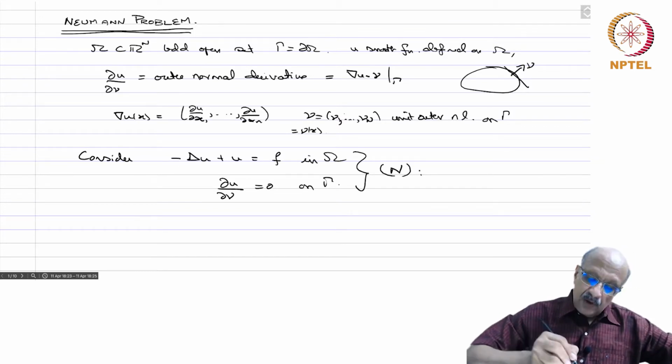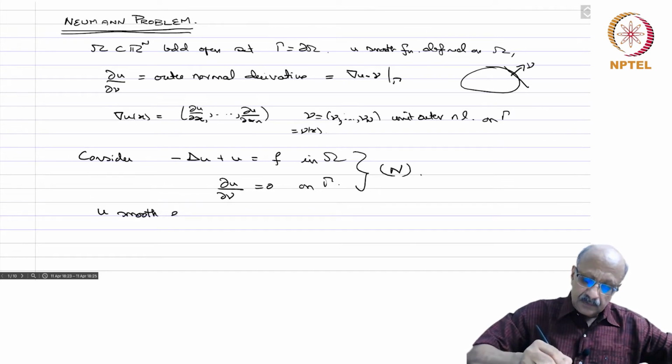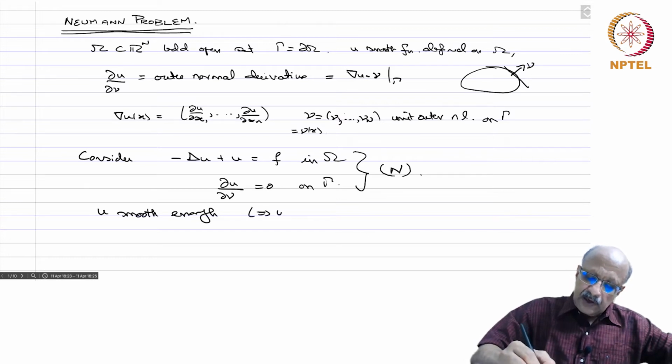So if u is smooth enough, which will imply that u is in H1 of Omega and f in L2 of Omega.